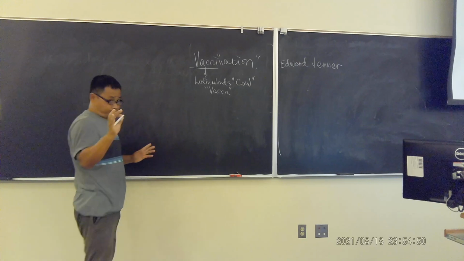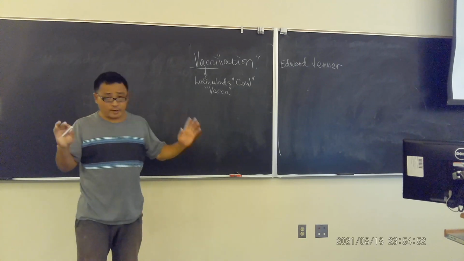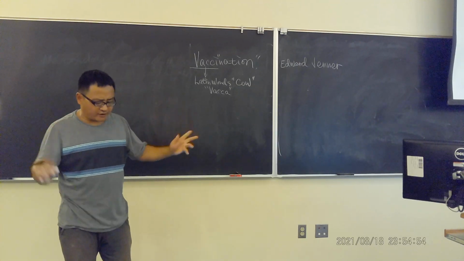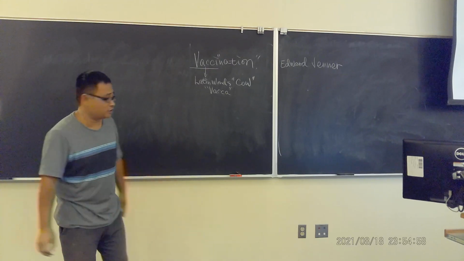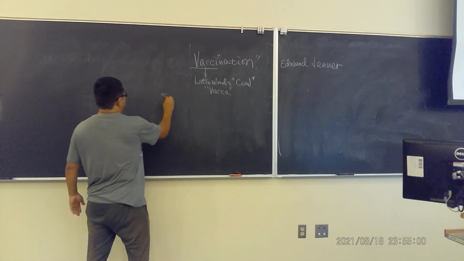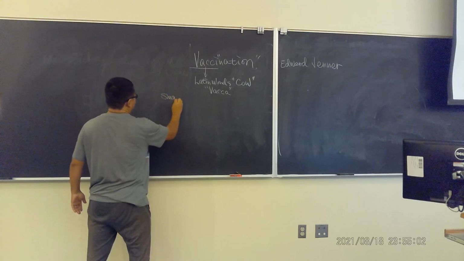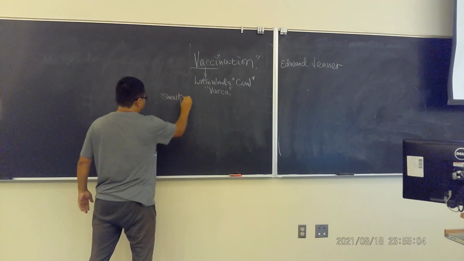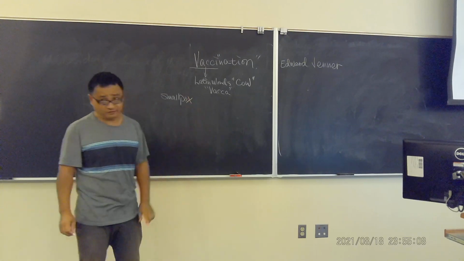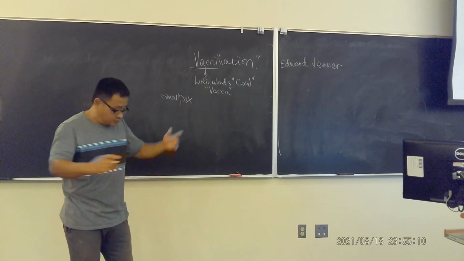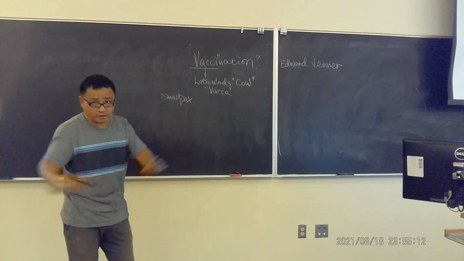Long time ago, about 500 years ago, maybe 1,000 years ago, 1,500 years ago, there was a very severe infectious disease called smallpox. And I tell you one thing, it was much more severe compared to COVID-19. At the time, people could not do anything.